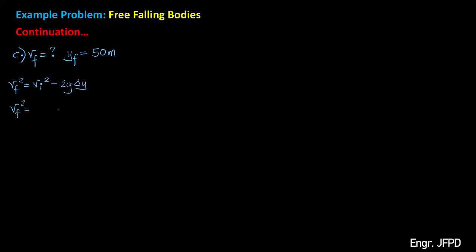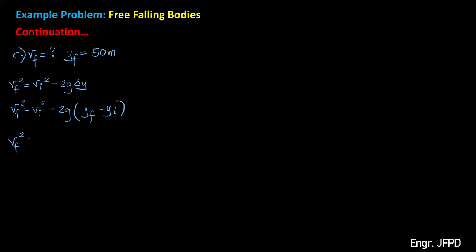our vi is the 20 meter per second. We have the vi, and for our g, of course, that is 9.8 meter per second squared. And for the delta y, this is yf minus yi. Then let's try to substitute our values.